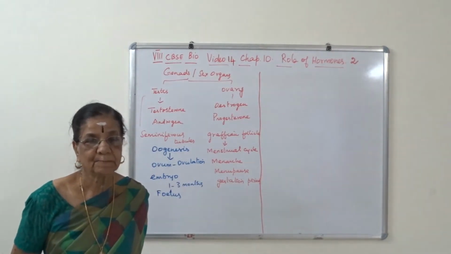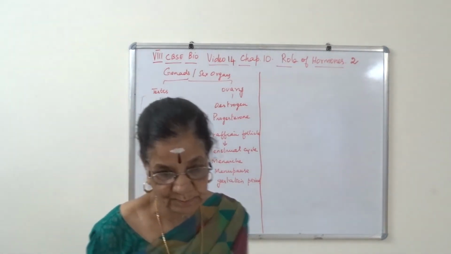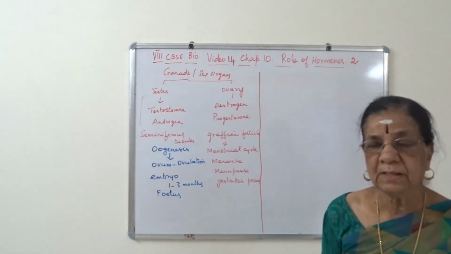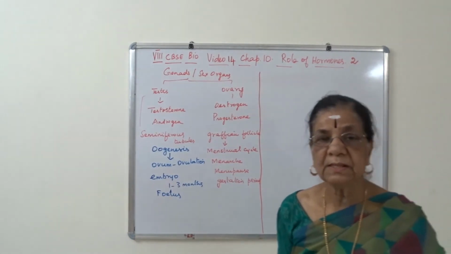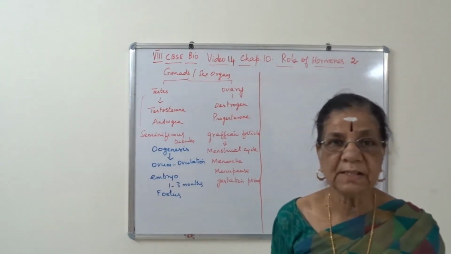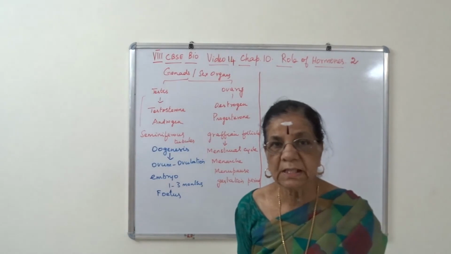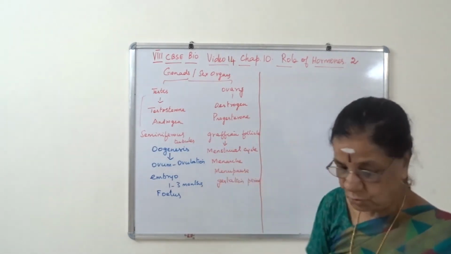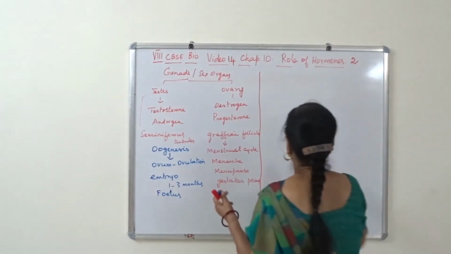I hope you understand. So we are talking about female reproductive system. In chapter 9 we have learned a pair of ovaries. Can you recollect?